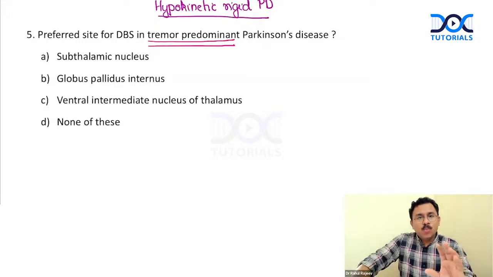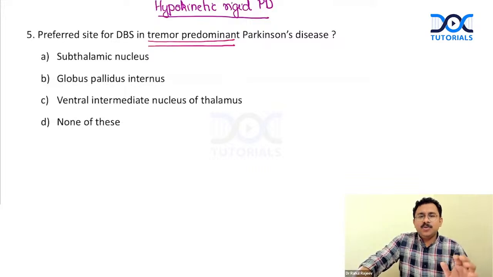These patients also will be having tremor, but the predominant or dominating symptom is bradykinesia and rigidity. So when you see that patient in front of you, yes, the patient has tremor, but what is most striking will be that he is having a mask-like face, he is slow while walking. So that is called hypokinetic rigid Parkinson's disease. So for hypokinetic rigid Parkinson's disease, what is the most commonly preferred site?